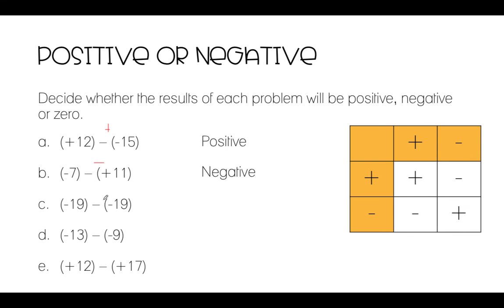Negative 19, and two negatives gives us a positive. So negative 19 plus 19 gives us 0. Negative and negative again is a positive. So negative 13 plus 9 gives us a negative, because negative 13 plus 9 is still a negative number. And 12, and a negative and a positive gives us a negative. So we go 12 take away 17, gives us a negative.